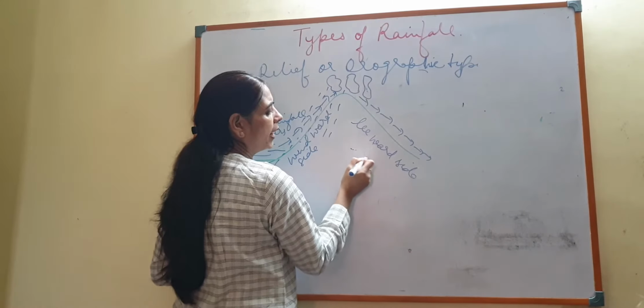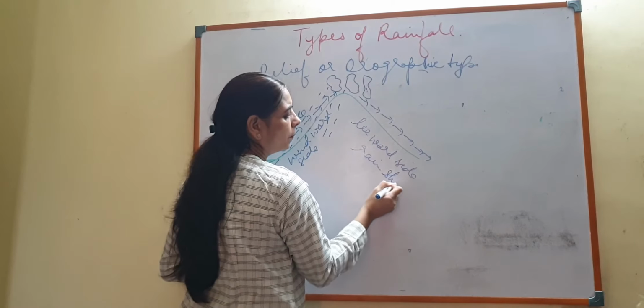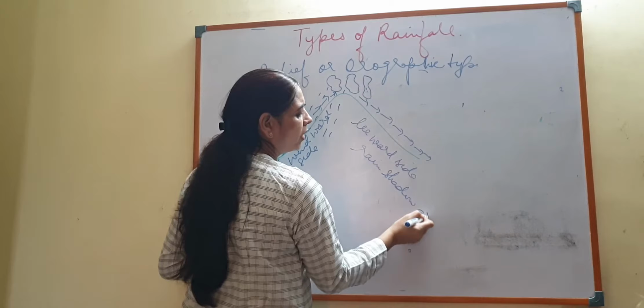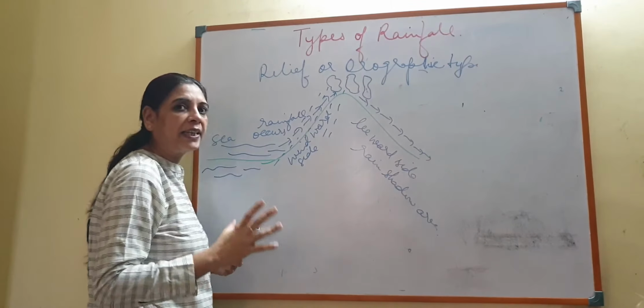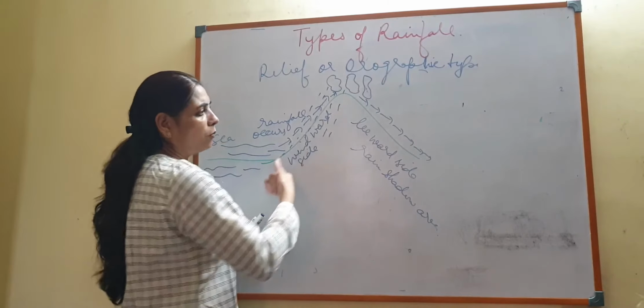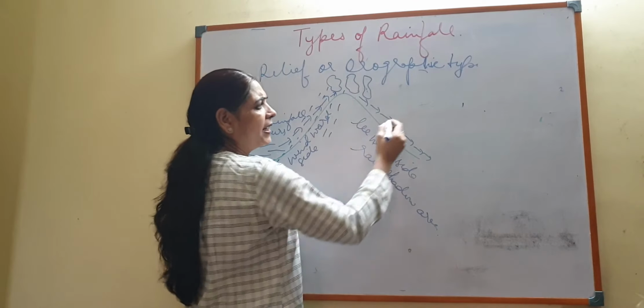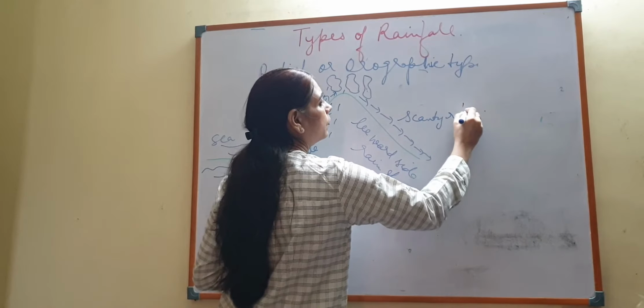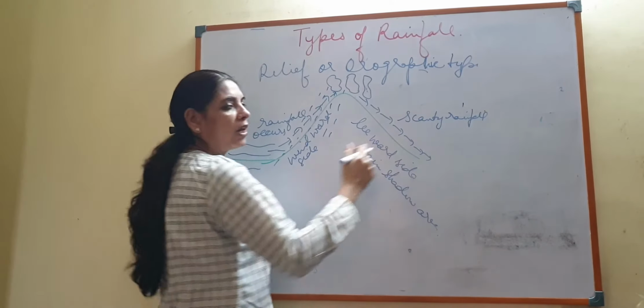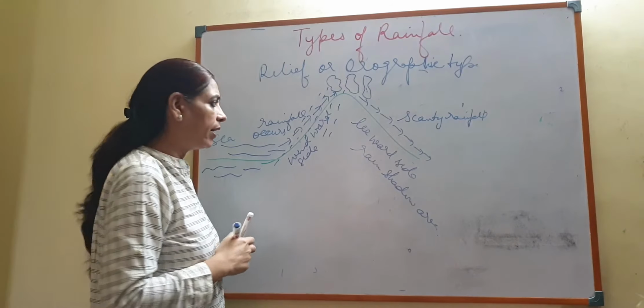It is also called the rain shadow area. Now when these winds descend on the leeward side, they are dry because they have already shed their moisture. So very scanty rains occur here. Scanty rainfall occurs on the leeward side, the rain shadow area.